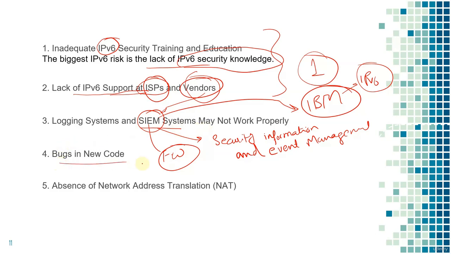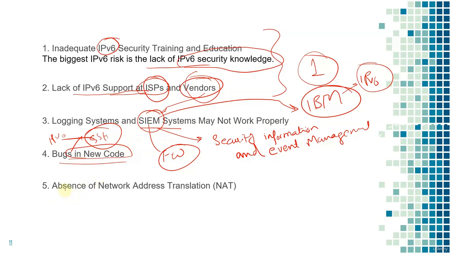Then bugs in new code. For example, some SSH-related applications are developed which support IPv4 and IPv6 as well. But whoever creates these applications still has a lot of bugs in new code, ending up with security breaches.